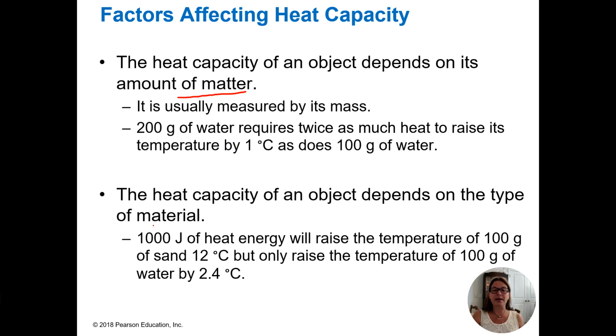It also depends on the type of material. Here, sand versus water. 1,000 joules of heat energy will raise the temperature of 100 grams of sand 12 degrees, but raise water by only 2.4 degrees Celsius.